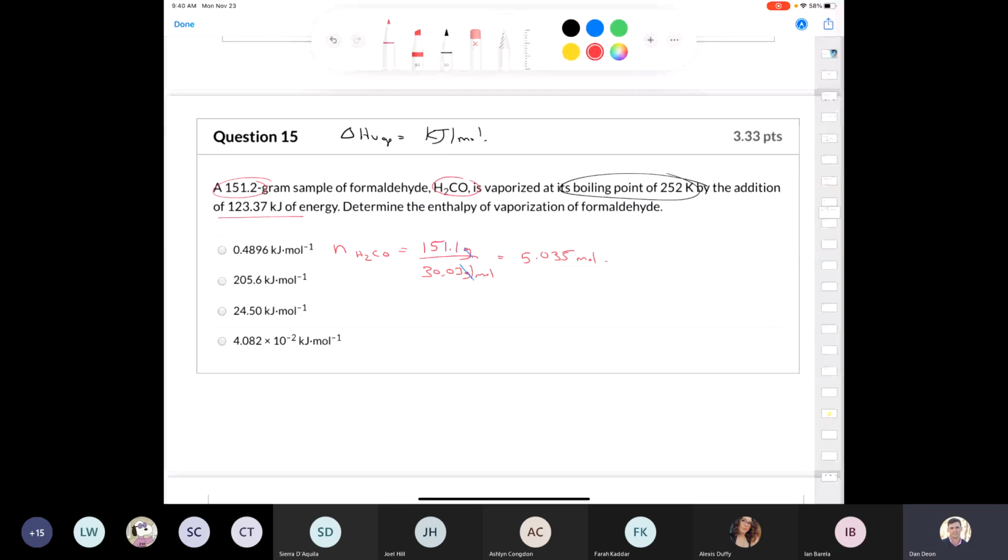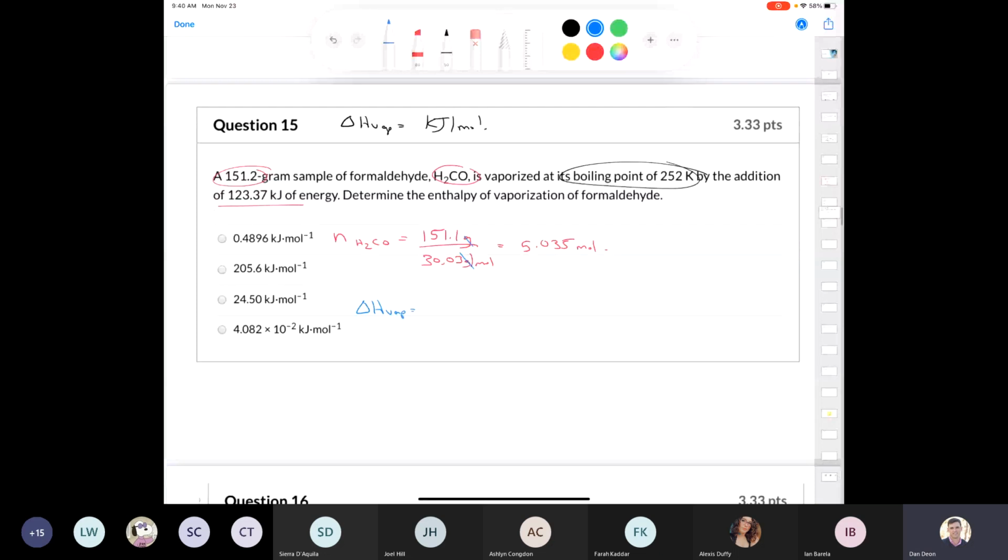My delta H of vaporization is going to be equal to the amount of energy, which was 123.37 kilojoules, divided by the number of moles, which is 5.035 moles, and my delta H of vaporization is 24.50 kilojoules per mole. All right, there we go.